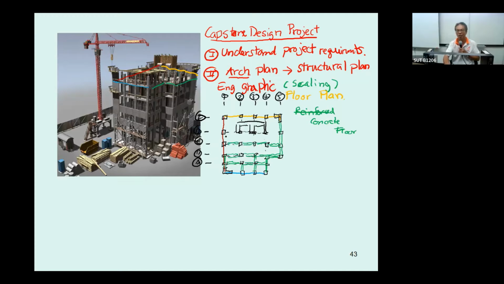Okay, now what you are going to put is the symbol that's going to represent your floor, your beam, and your column.